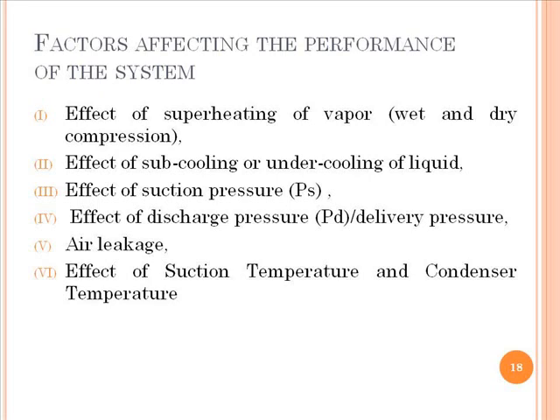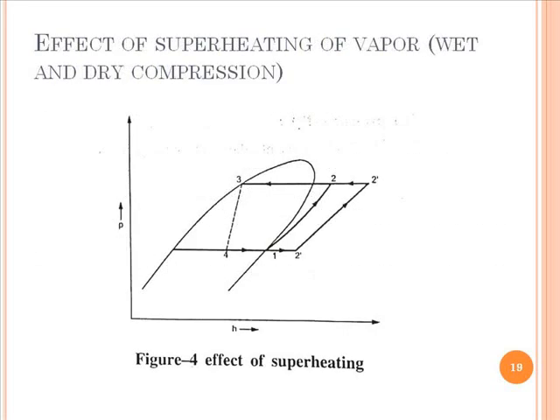In the next slide, we will discuss in detail the effect of these parameters on the COP of the VCR cycle. In many competitive examinations, including UPSC, GPSC and all PSU exams, MCQs may be asked, so you should pay attention here.